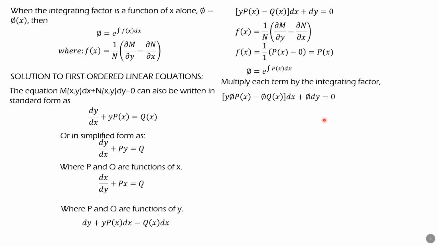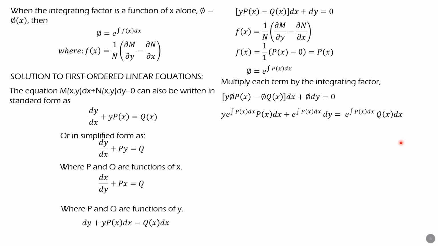Substituting the value of P, which is e to the integral of P of x dx, we have y e to the integral of P of x dx times P of x dx plus e to the integral of P of x dx times dy. Then we transpose this to the right, so we have e to the integral of P of x dx times Q of x dx.